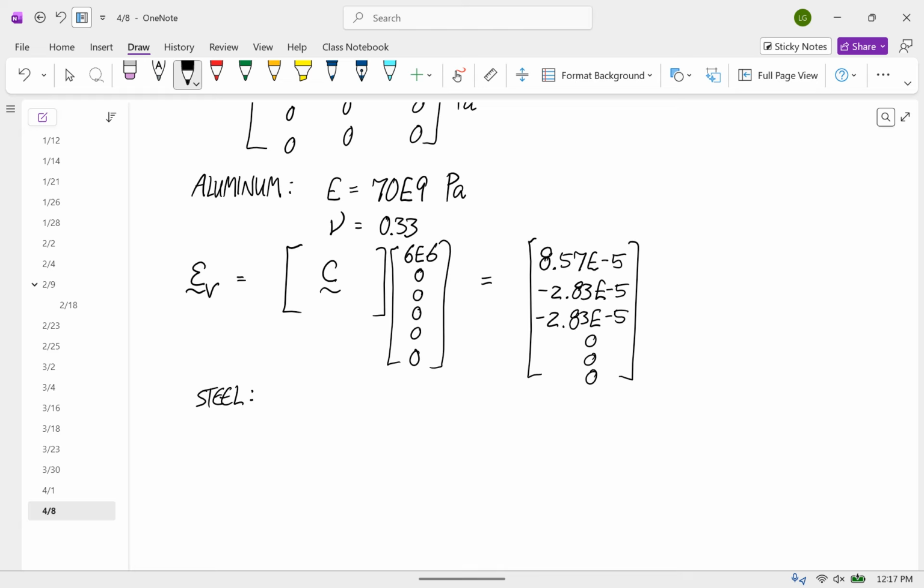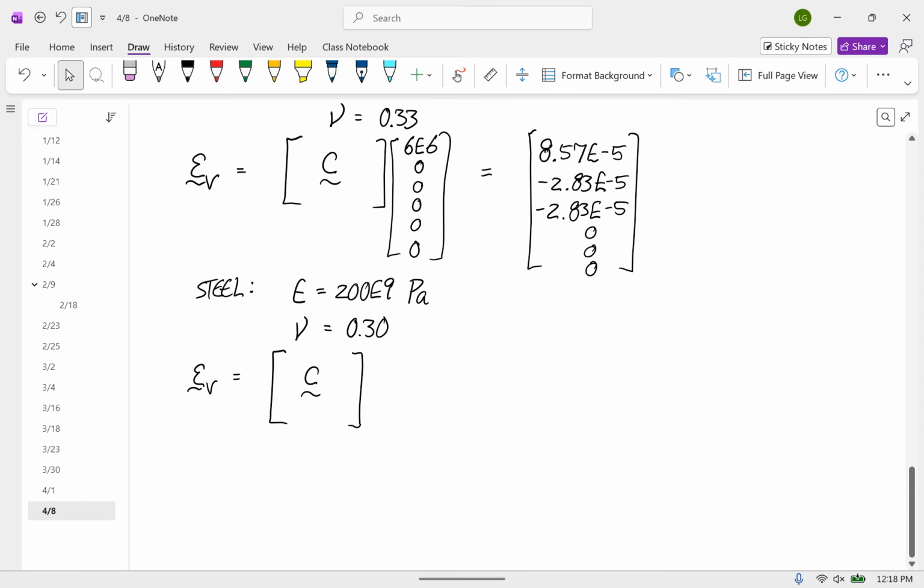For all of these, there's always a small range of possible values depending on the alloy that's used. But I'm going to use 200 times 10 to the 9 pascals, and a Poisson's ratio of 0.3. And so my Voigt strain is the new compliance matrix times that same stress, because nothing about the state of stress would change based on the material.